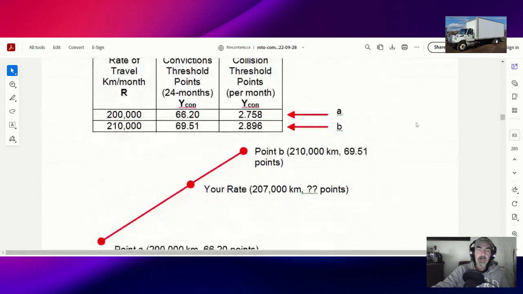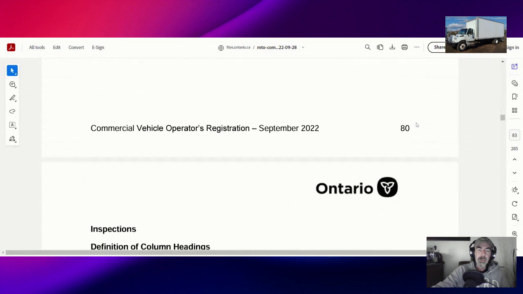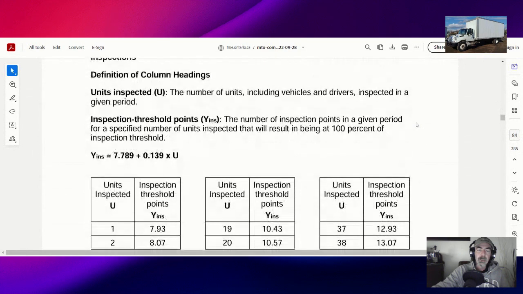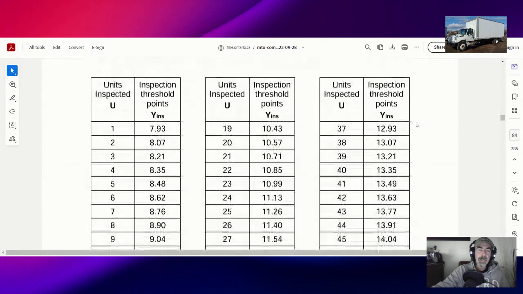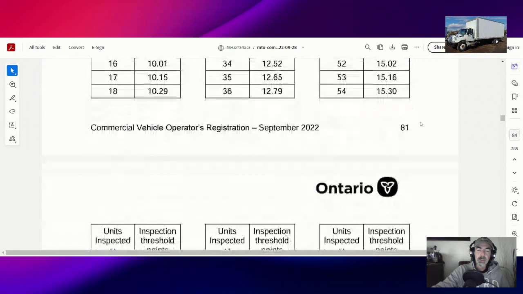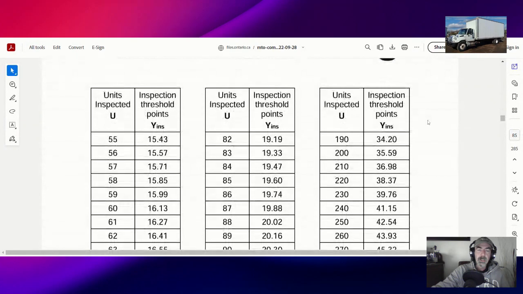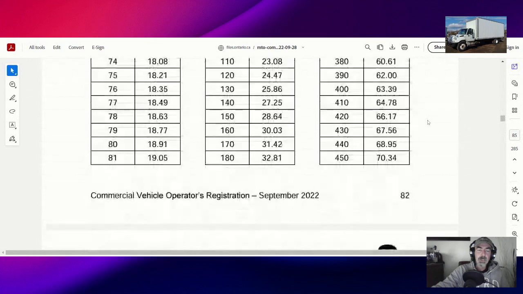Rate of travel, conviction threshold points. Units inspected, inspection threshold points.